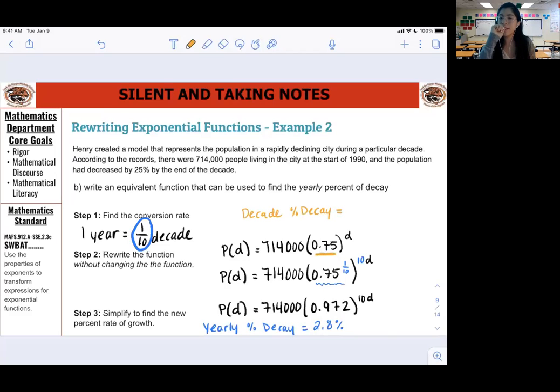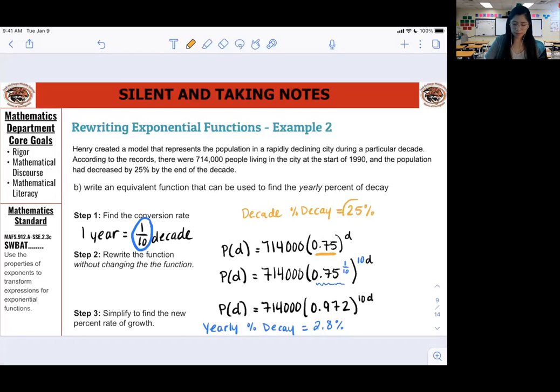Remember what I just said? We got to see what was taken from 1. Oh, 25%. Good. So per decade, you lose 25%, but each year you only lose 2.8%.